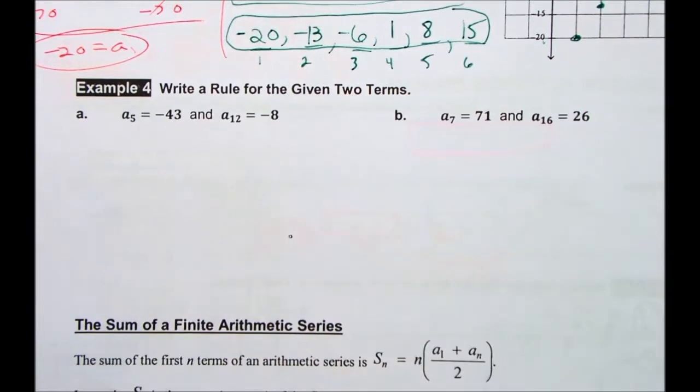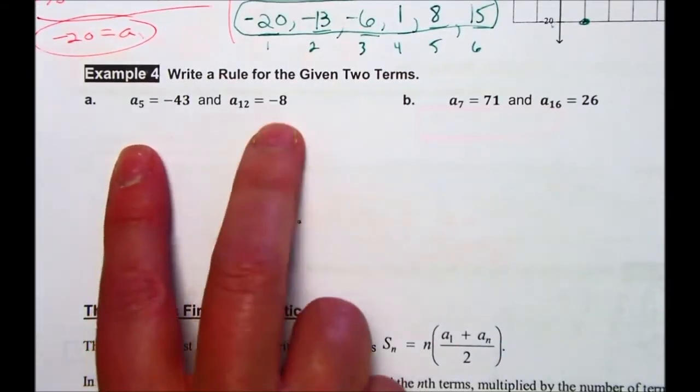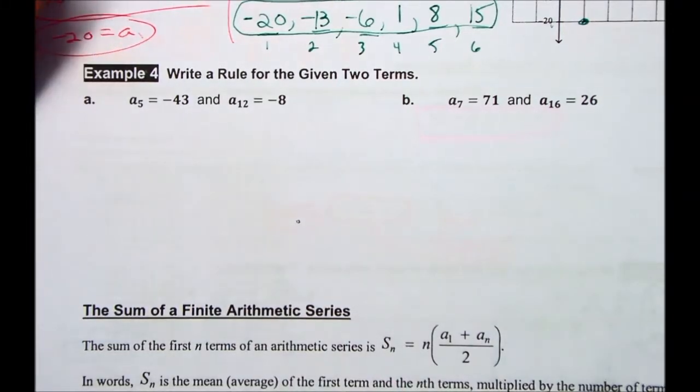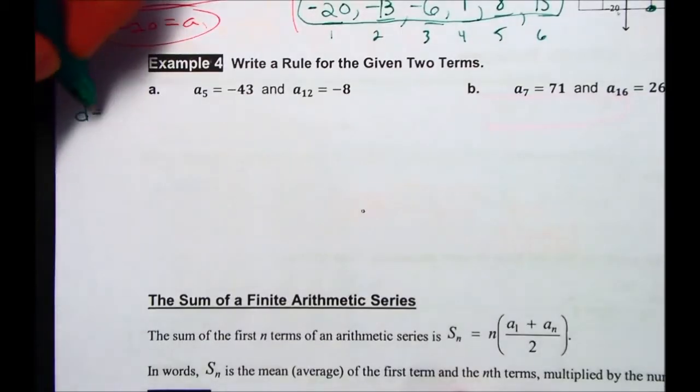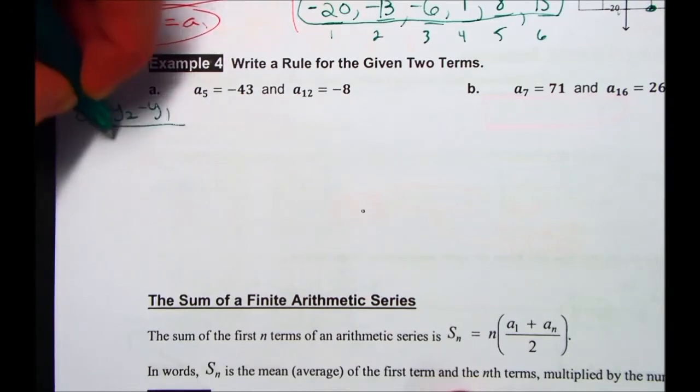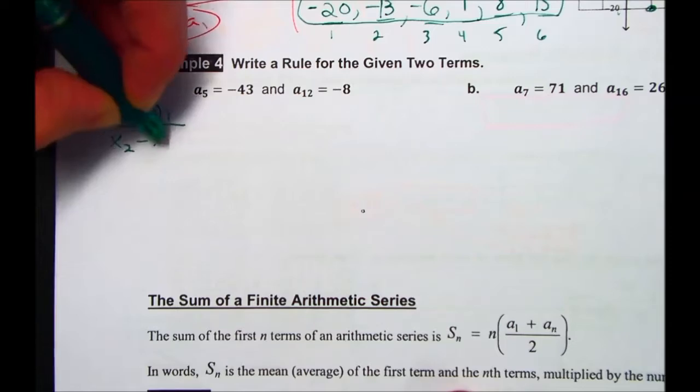So the common difference will be the slope between these 2 points. To find d, I just like using the slope formula. Because it is linear, we can do that. So your common difference, or d, is going to equal y2 minus y1 over x2 minus x1.